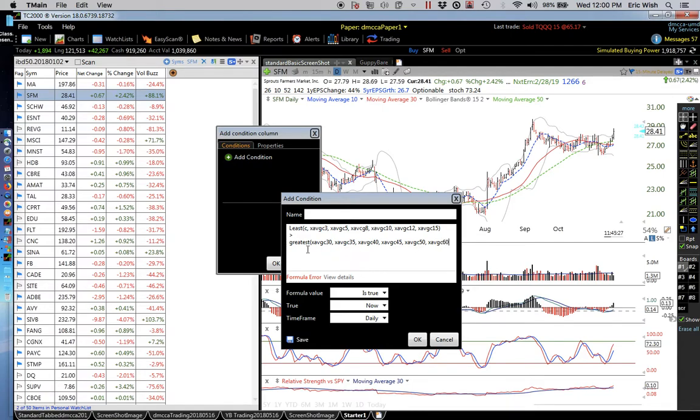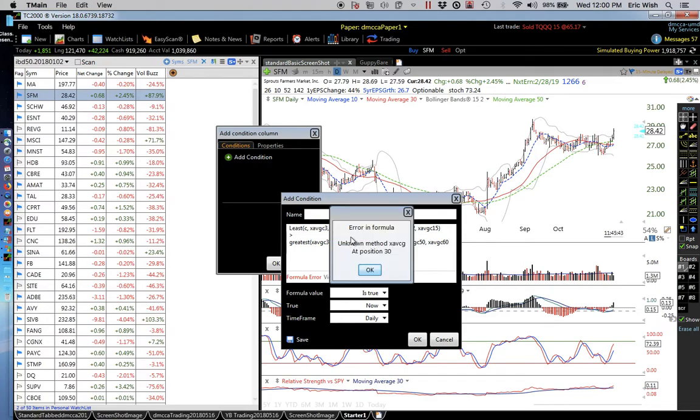So let me make sure I have this right. We want the greatest of these values: exponential moving average 30 period, 35 period, 40 period, 45 period, 50, and 60. And there's still an error in my formula.